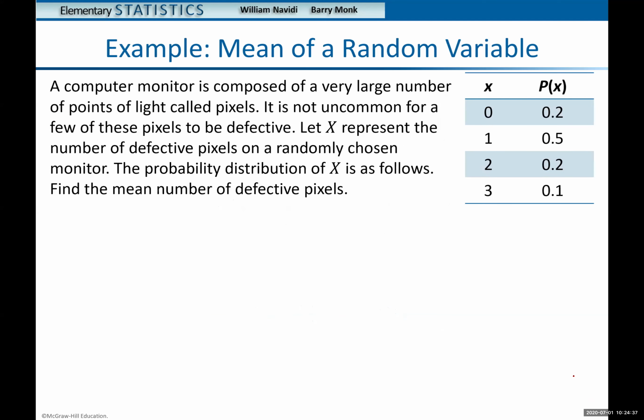Just like an example here, a computer monitor is composed of a very large number of points of light called pixels. It is not uncommon for a few of these pixels to be defective. Let X represent the number of defective pixels on a randomly chosen monitor. Given the probabilities here, find the mean number of defective pixels.